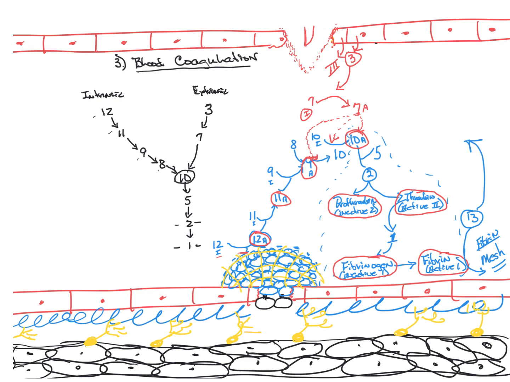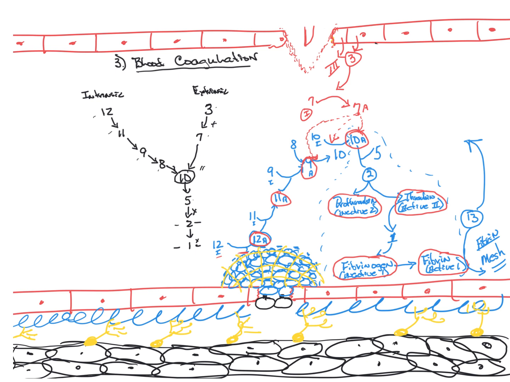Extrinsic is 3 plus 7 equals 10. My common pathway is 10, 5, 2, 1, which is 5 times 2 times 1 equals 10. That will keep you on track as far as which clotting factors are involved in intrinsic versus extrinsic.